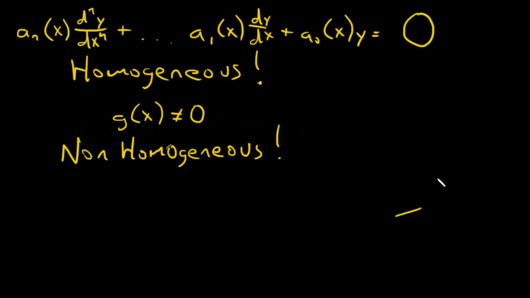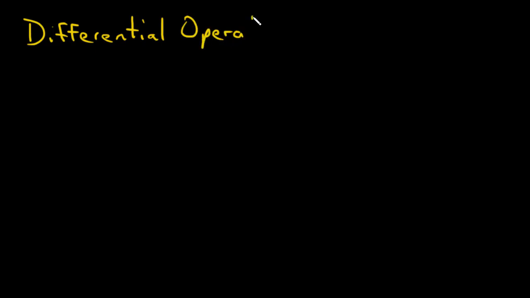I'm going to clear this so I can have a nice clean slate for what's coming up, because this is really nice. This is one of my favorite things that we're going to do for the entire semester. I absolutely love this. So we are going to introduce something called the differential operator, D. What is D?